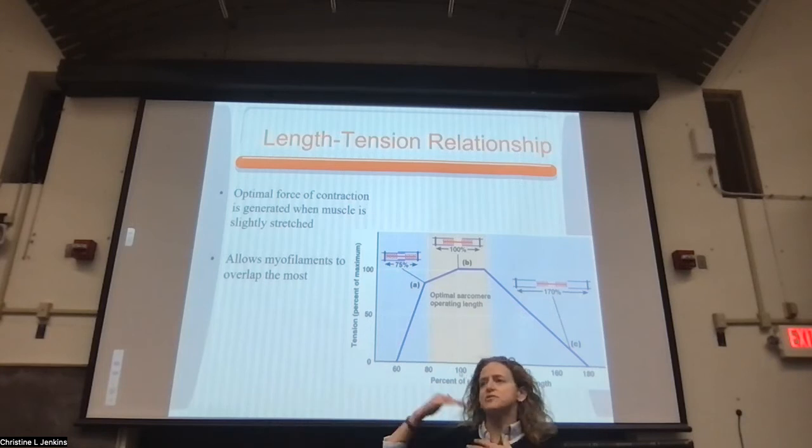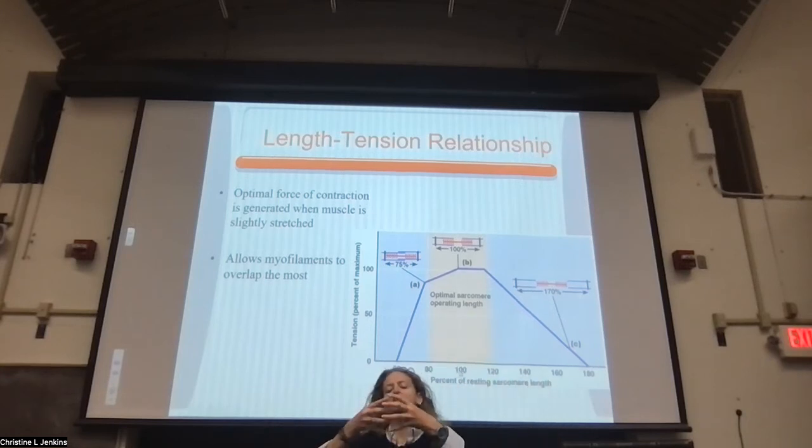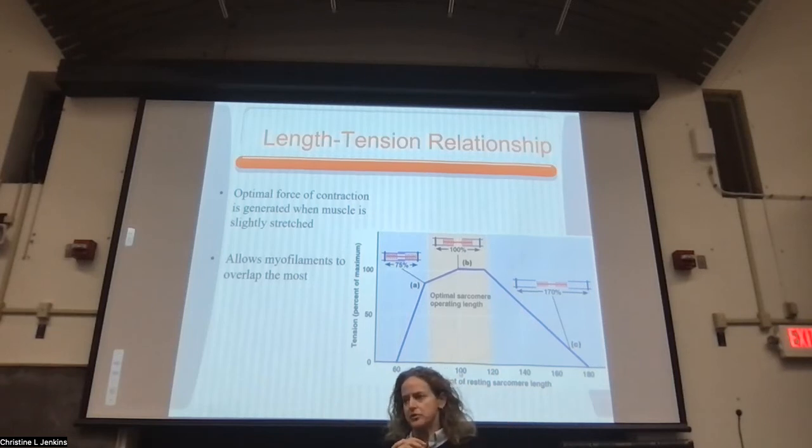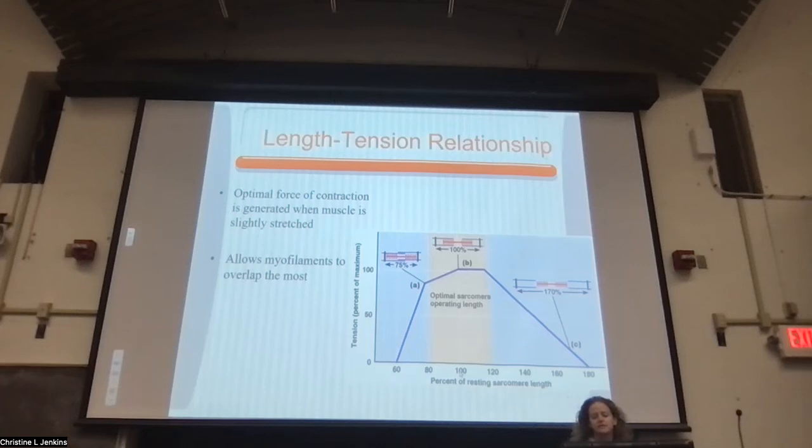In mid-range of a particular joint motion, the actin and myosin are not too far apart, not too close together. You can generate the most force in mid-range. That's the best way to think about this.